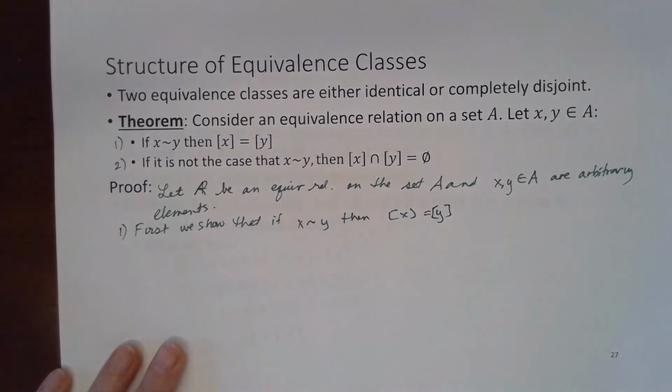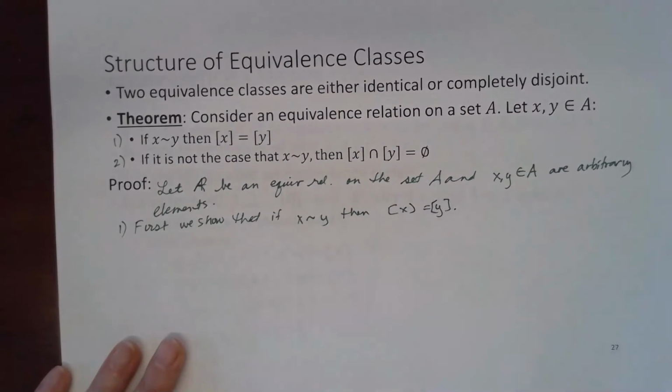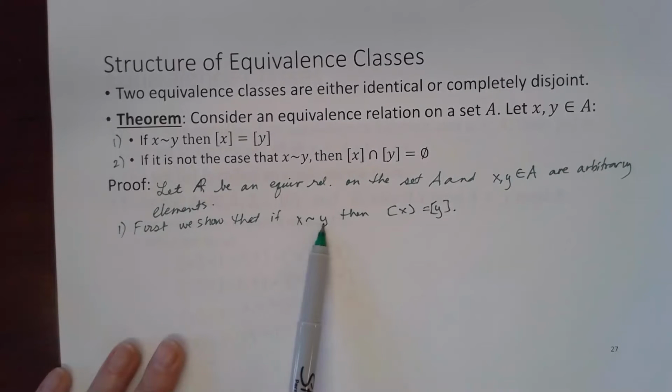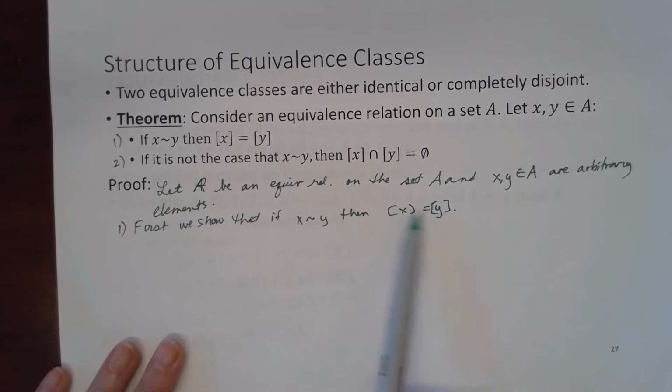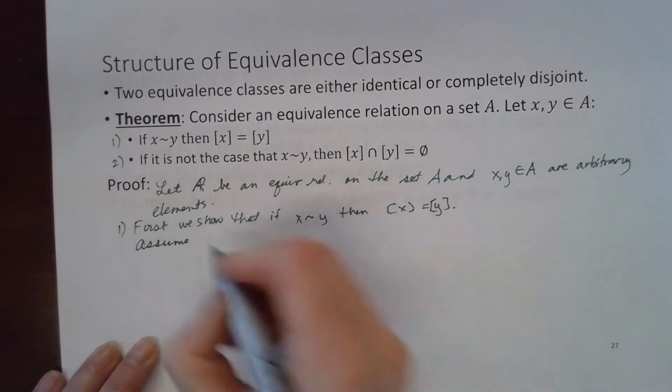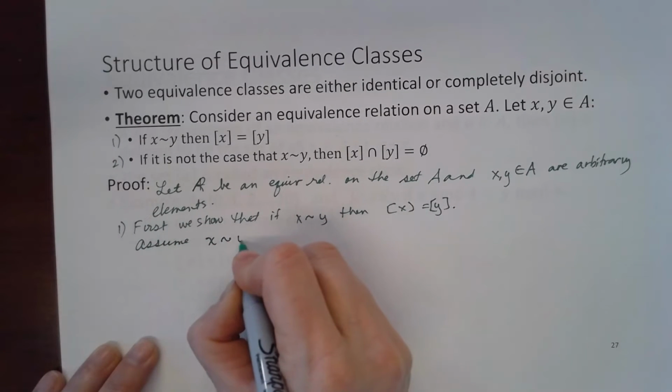So this one we're going to do a direct proof. Remember, with a direct proof we just assume that this is true and then show, directly and logically from that, that the conclusion has to be true. So we're going to assume that x is related to y.